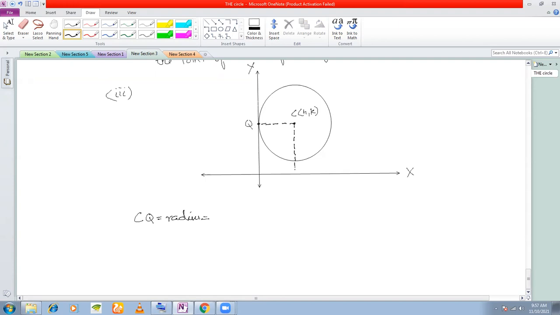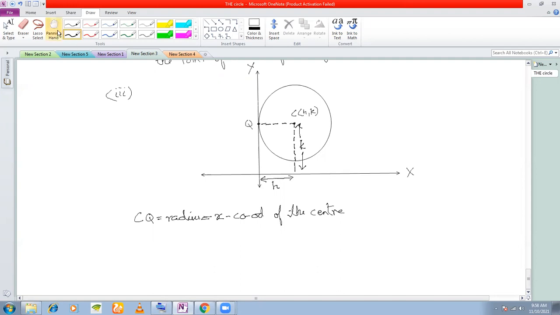So that means this length is your H and this length is your K, right? So if the circle is touching the y-axis, then the radius of the circle must be equal to x coordinate of the center, or you can also say abscissa of the center. Okay, this is something to note.